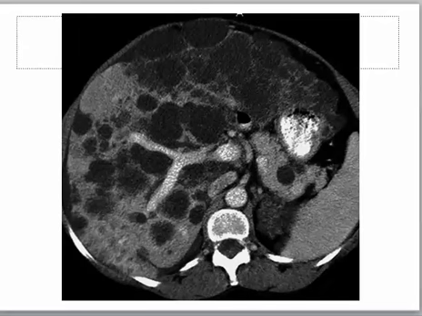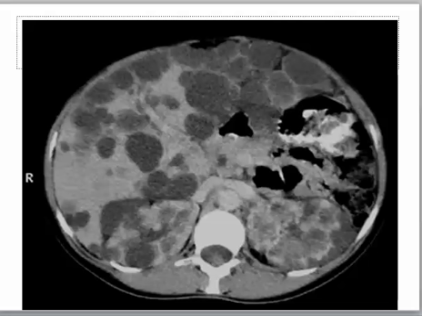Now here is typical polycystic disease involving the liver, involving the pancreas, and involving part of the kidney. Multiple cysts of clear content involving the kidney, the pancreas, and the liver.